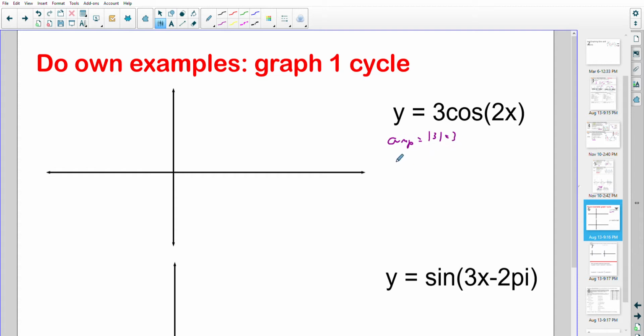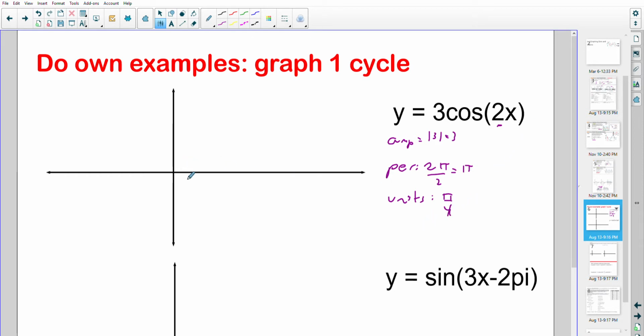The period is 2 pi over b, which is 2 pi over 2, and therefore that's equal to pi. The units are going to be equal to pi over 4. There is no phase shift, there is no vertical shift.